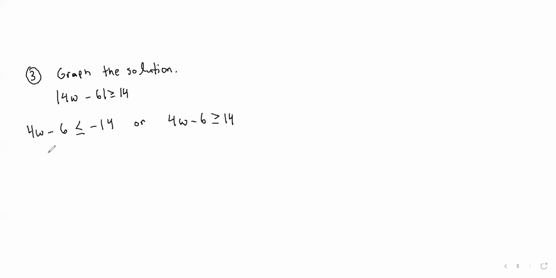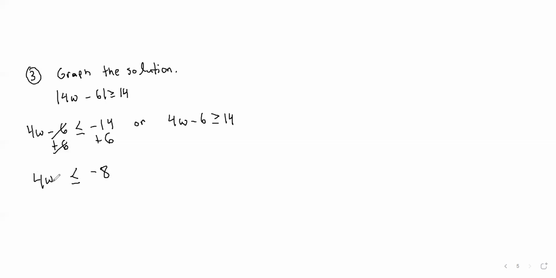And so our next step is going to be to solve each of these. So let's solve the one on the left. We have 4w minus 6. I just want it to be a 4w, so I'm going to add 6 to both sides. The minus 6 and the 6 cancel. So now on the left, we have a 4w, and then less than or equal to minus 14 plus 6, which is minus 8.